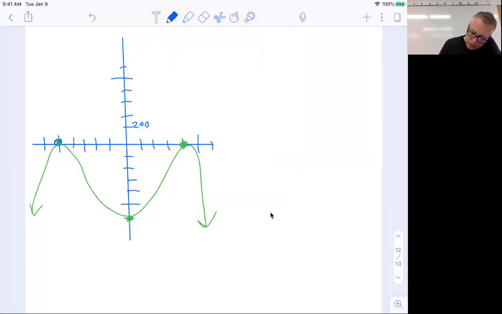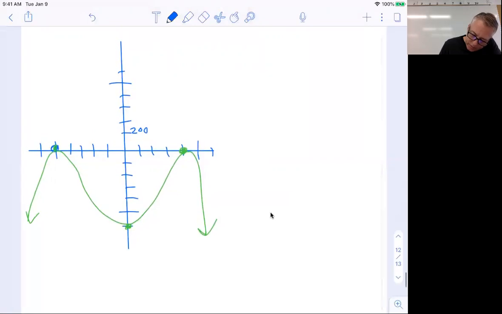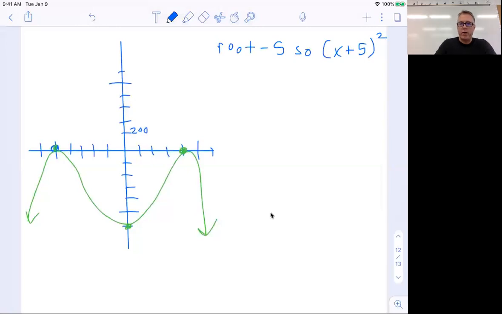Okay, if I have a root at -5, so that means I have a factor of x plus 5, but it bounces there. So let's make that squared. I also have a root at 4.